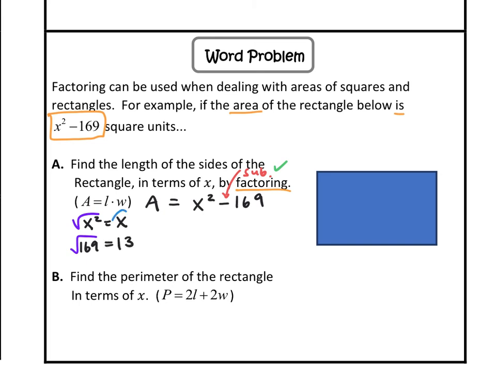So this is my A and my B. So we have a difference of squares. And so for a difference of squares, our area is going to equal x plus 13 times x minus 13.